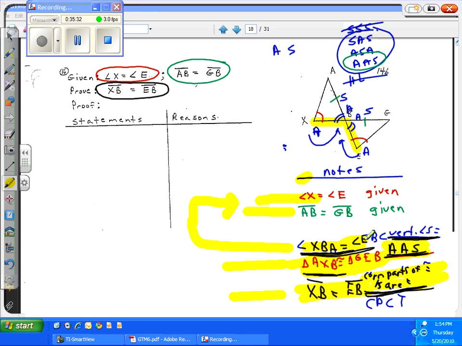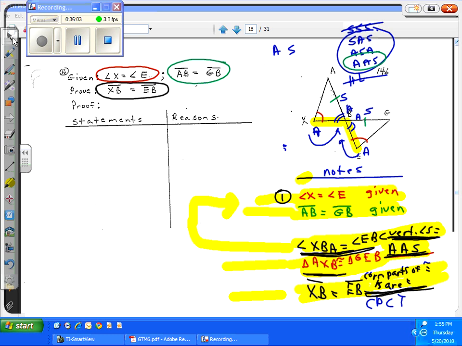So we can say that these are equal because they're vertical, so that statement and its reason are justified. We go to the next needed statement, AB equal GB, and that's given. So that's all justified. The next needed statement, angle X equal angle E, that was given, so that's justified. So we've got our entire proof lined up.